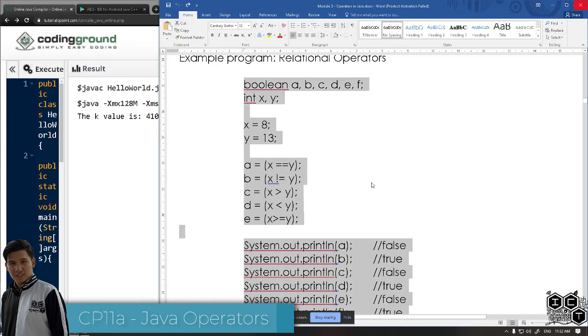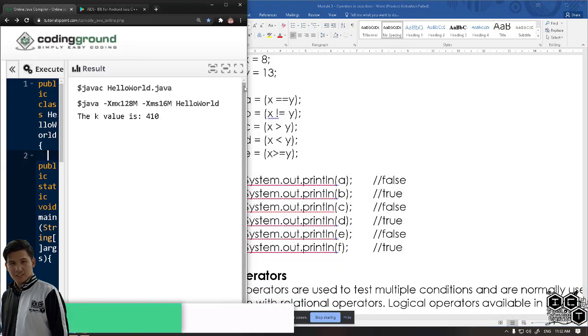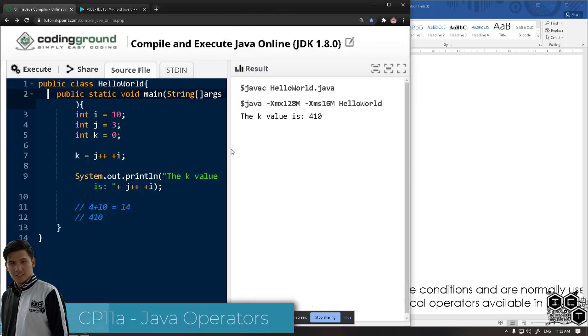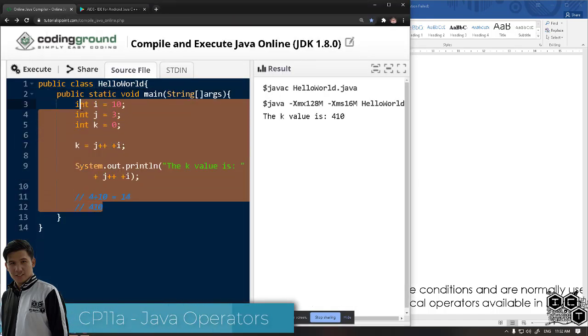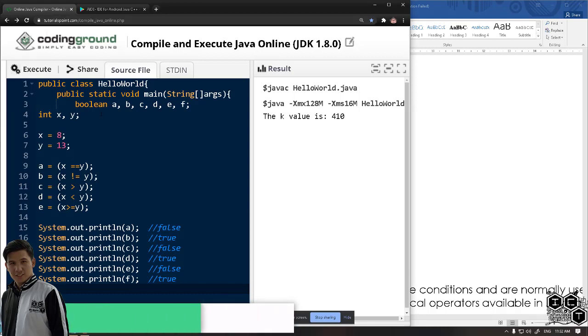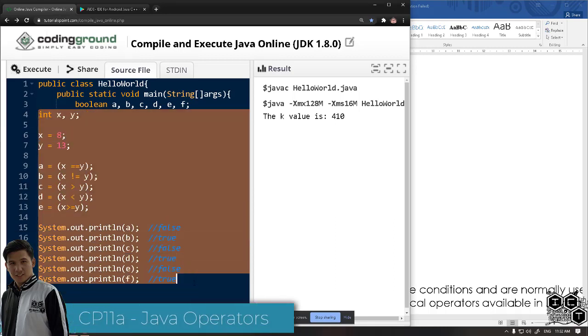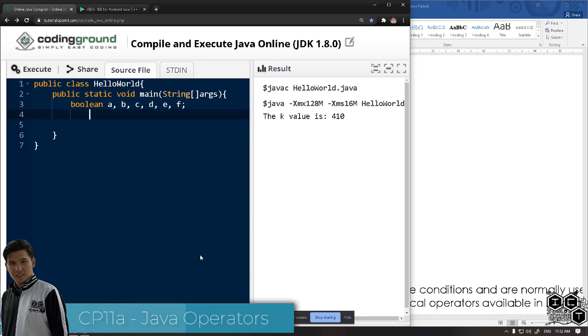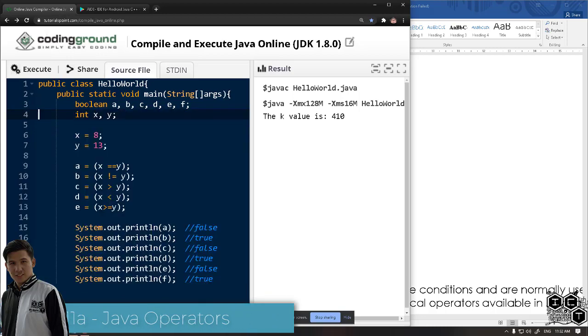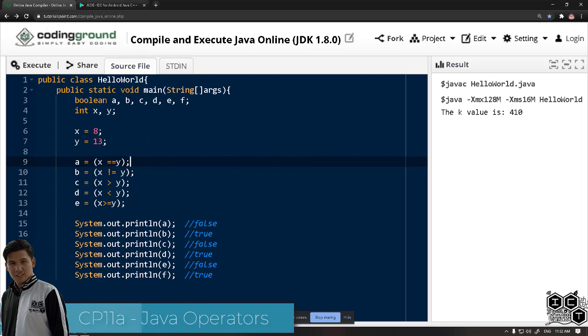Let me copy paste this one. And let's try to analyze each equations. Okay. Now, as you can see, we have Boolean values.